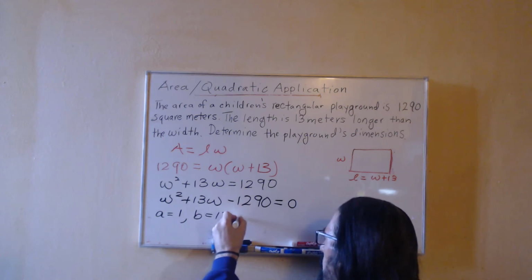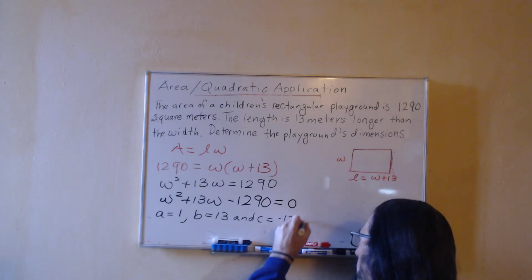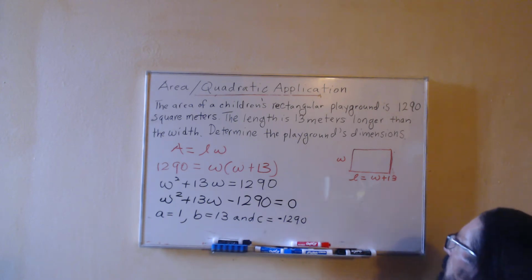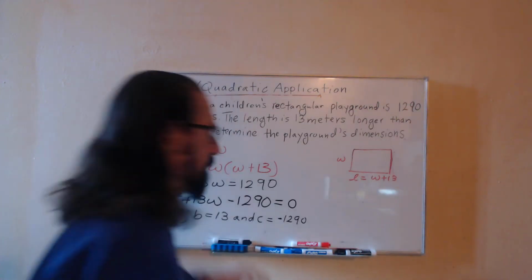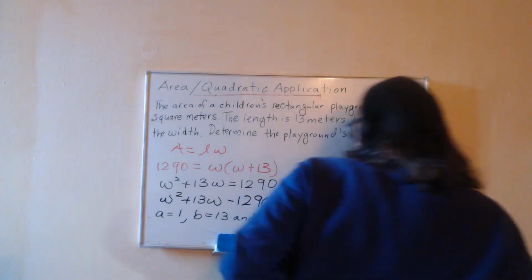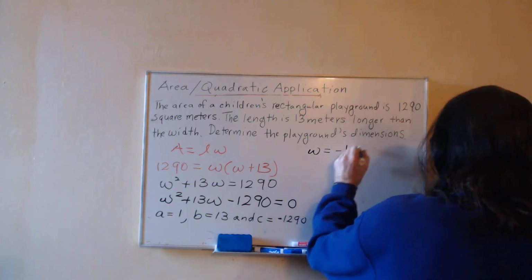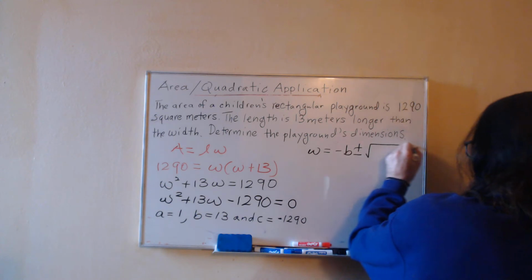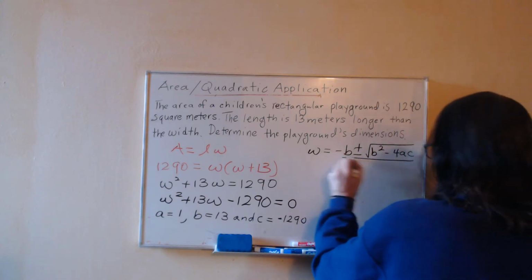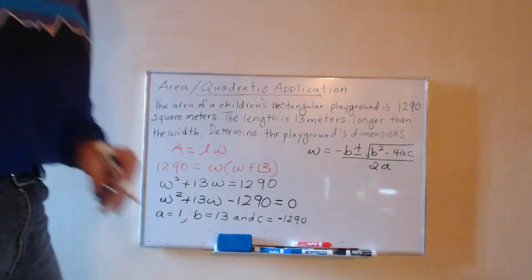And identifying my coefficients here, watching the fact that there was subtraction here is making C a negative. And to get a little more room here, going to erase that. A reminder of the formula, but this time our variable is W, not X. So got to have W equals.